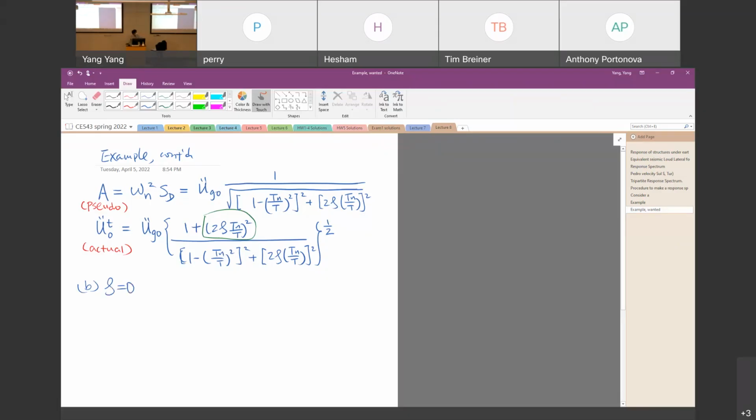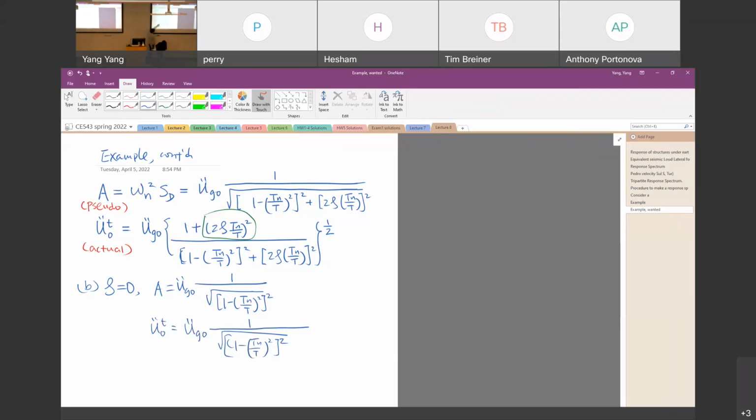If there is no damping, A is equal to, and then the U. So that's two.